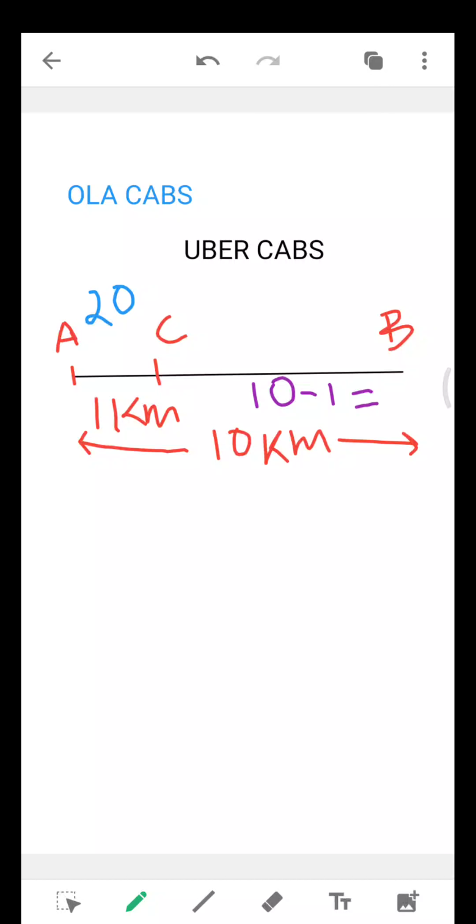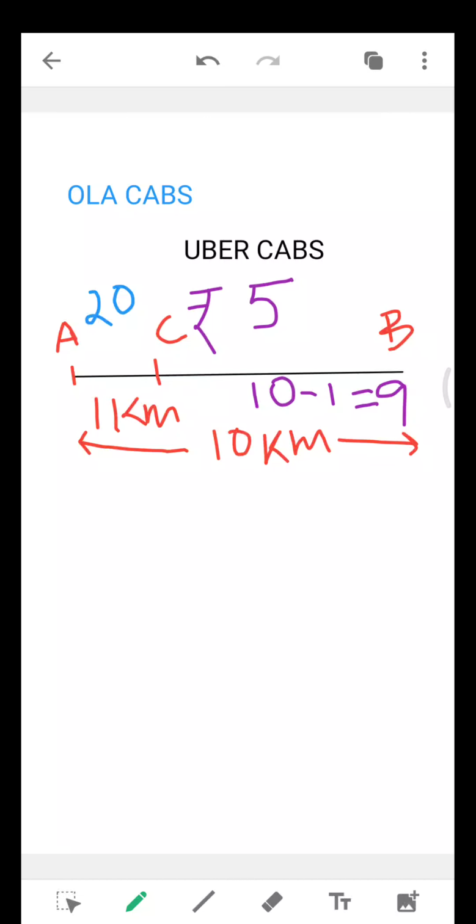So 9 kilometers are remaining now. For these 9 kilometers, called subsequent kilometers, the charge will be less, it will be rupees 5 per kilometer. So you have to pay rupees 5 based on the extra distance you are traveling.